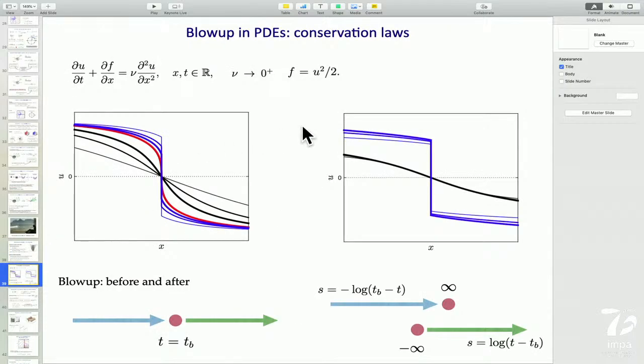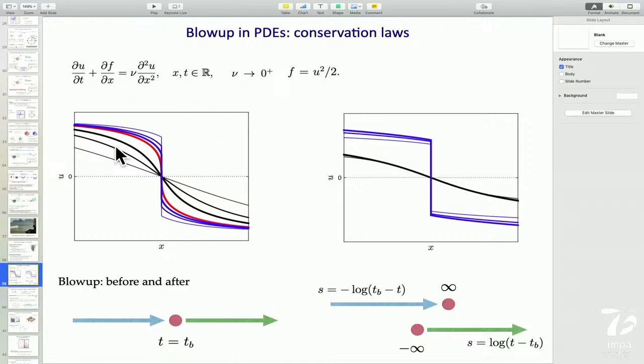So next, we can go back to Burgers equation, and we know how it evolves. Whenever you take this Burgers equation, where f is u squared over 2 and there is a viscosity parameter, with viscosity going to 0, we already considered this example.